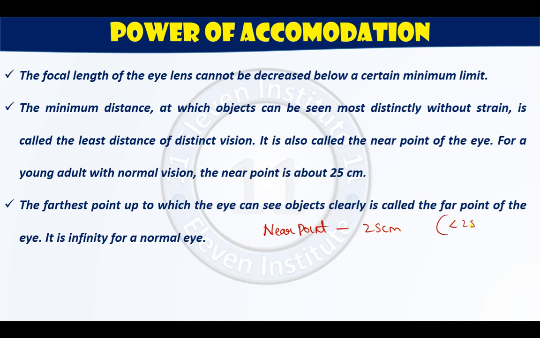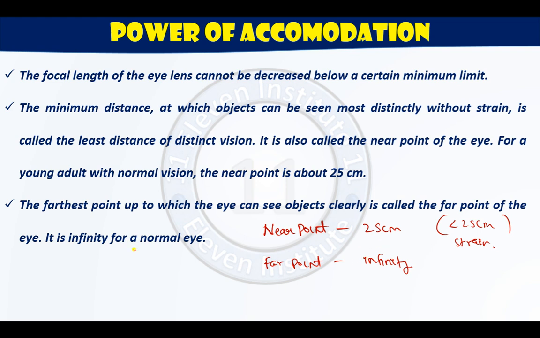If the object distance is less than 25 centimeters, then there will be strain on the eyes. There will be a problem with the eyes. And what is the far point? The far point for the human eye is infinity. We can see objects at the farthest distance without causing any strain. So there is no problem over here. So this is our range of vision, from 25 centimeters till infinity.